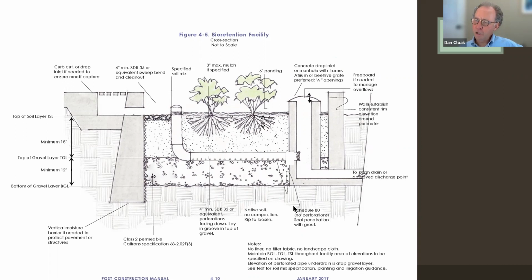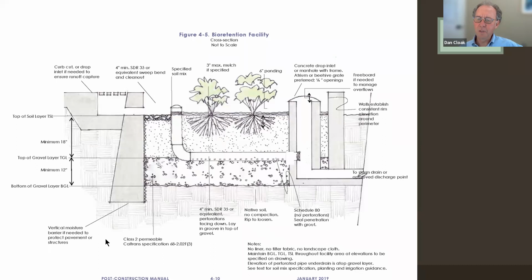This is an illustration. It is meant not to be, on the one side, something to be cut and pasted and handed to the contractor to say, build me one of these, because there's not enough detail in here. But on the other hand, these criteria which are listed here are not ideas, they're requirements.